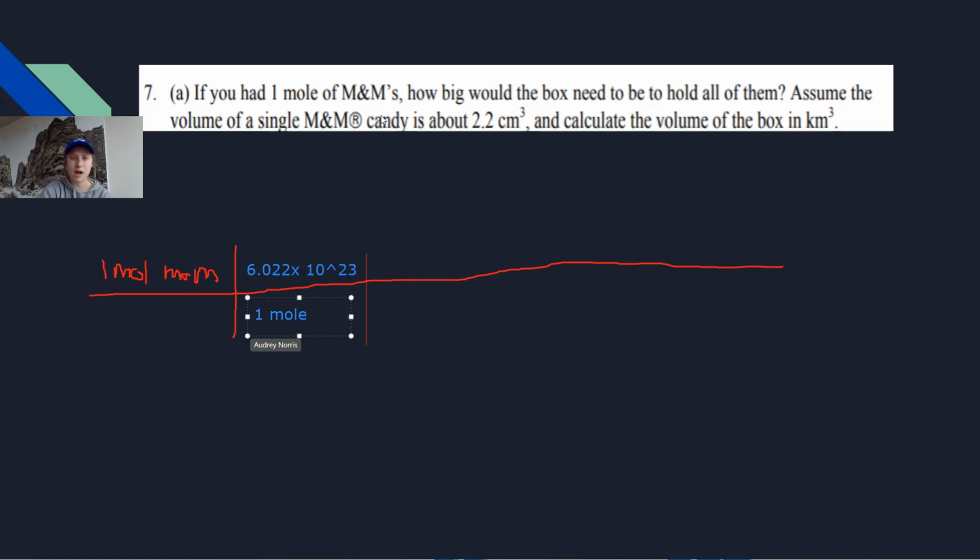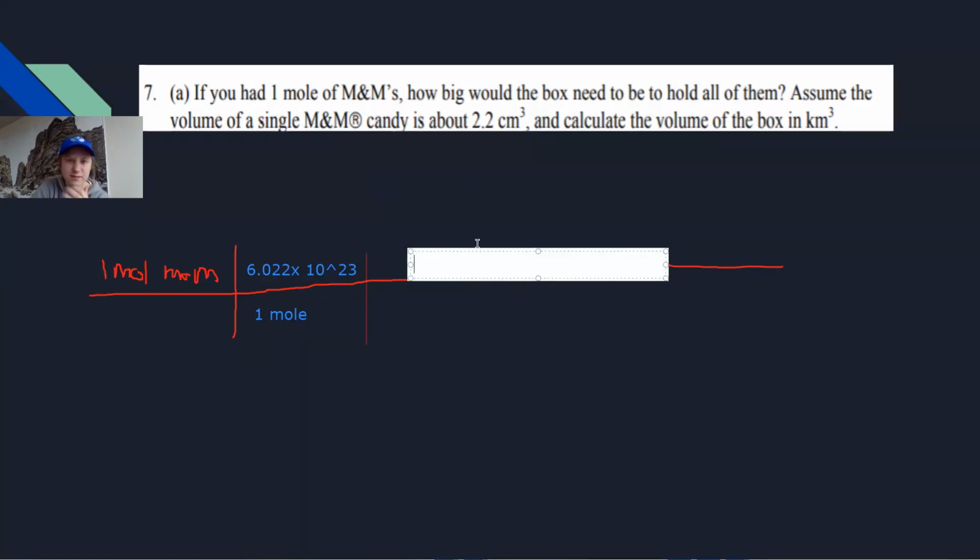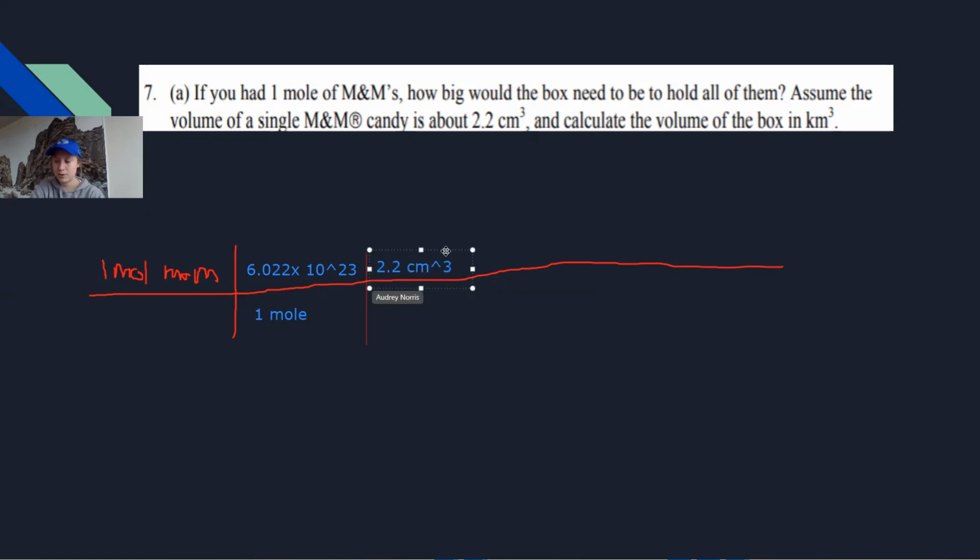Then next we have about 2.2 centimeters cubed per 1 M&M.